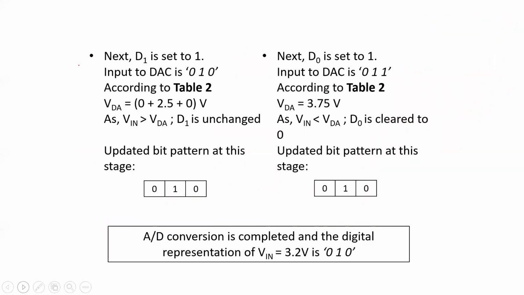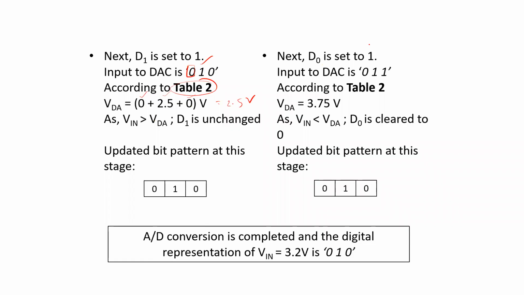Similarly, for the other 2 cycles as well, after deciding for the MSB, the next bit would be set to 1. Then according to table 2, as there is only contribution from the second bit, the corresponding voltage would be 0 plus 2.5 plus 0, equals 2.5 volts. You can compare it with Vin and decide what the state for D1 would be.